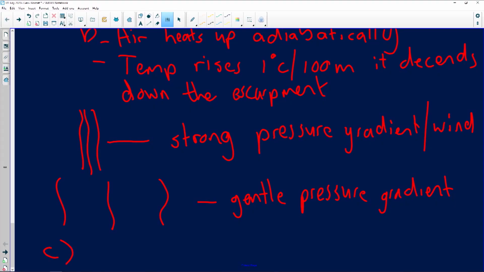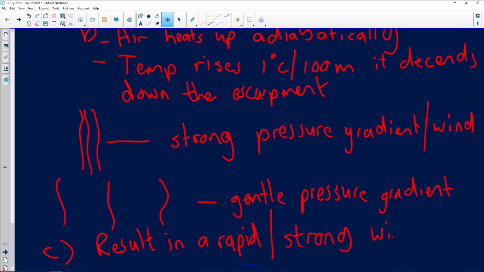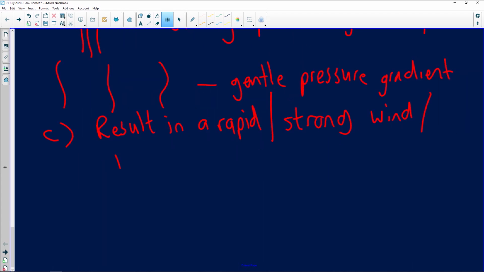So let's just write the answer down there. C, it will result in a rapid or strong wind, and it's going to increase the speed of the wind.